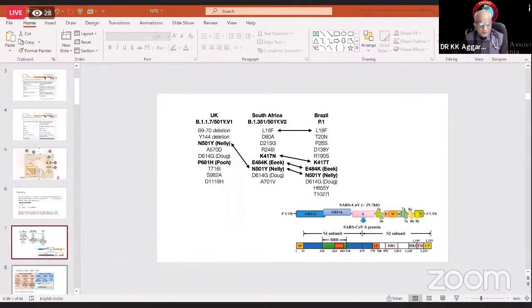Today we want to divert our discussion, because if you really want to control the pandemic, we have to think laterally, and we have to move from the RBD and RBM vision to the NTD vision. Why is the UK strain more dangerous? It came from minks, it came from Denmark, and it started with the 69/70 deletion.